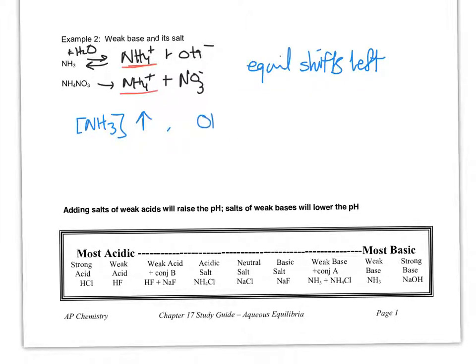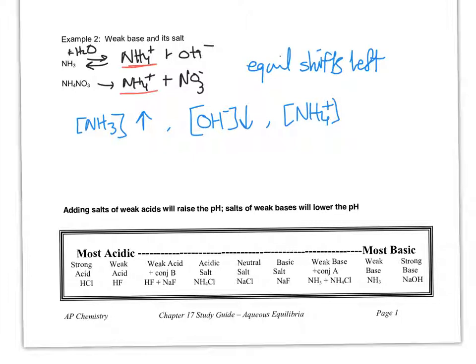Our OH minus concentration would decrease, again, so it's shifting to the left. And then our NH4 plus would increase because I'm adding more of it. Yes, it does shift to the left, but I did add more of it. Not all of it would get used up, so it's going to overall increase.